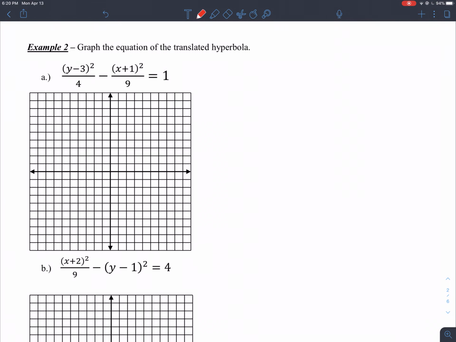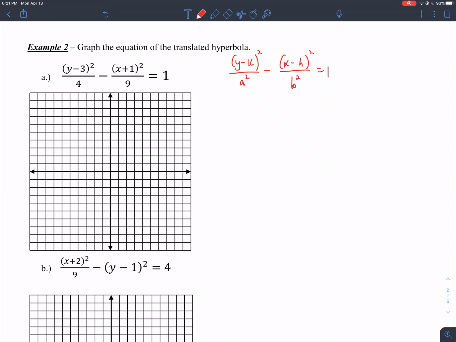Example 2, graph the equation of the translated hyperbola. So, two different examples. I don't think that there's any difference in difficulty in either of those. But let me write the standard form: (y minus k) squared over a squared minus (x minus h) squared over b squared equals 1.